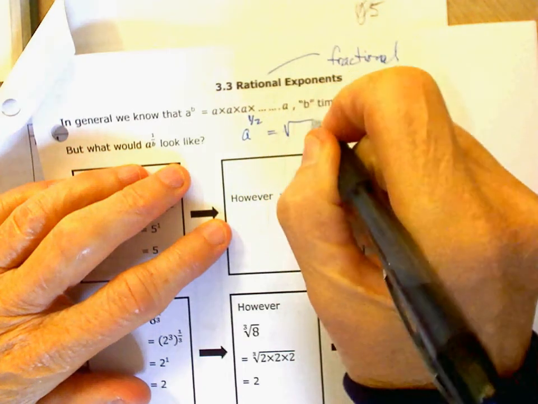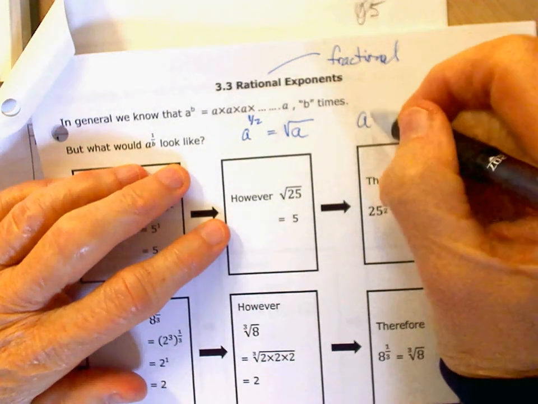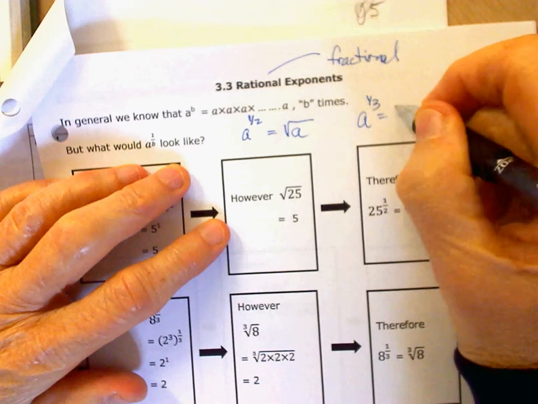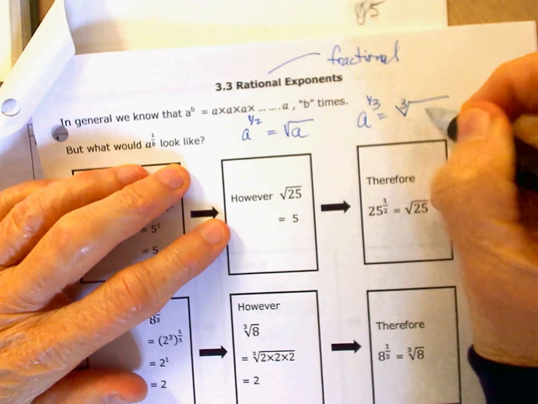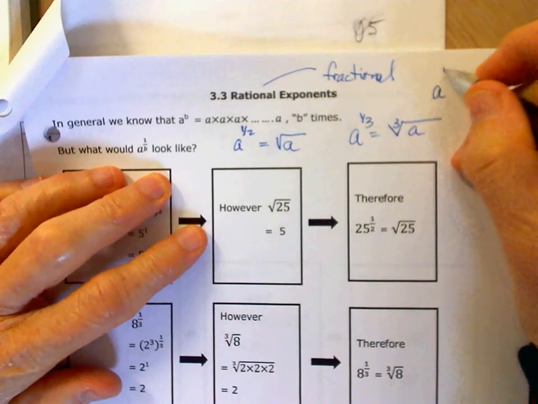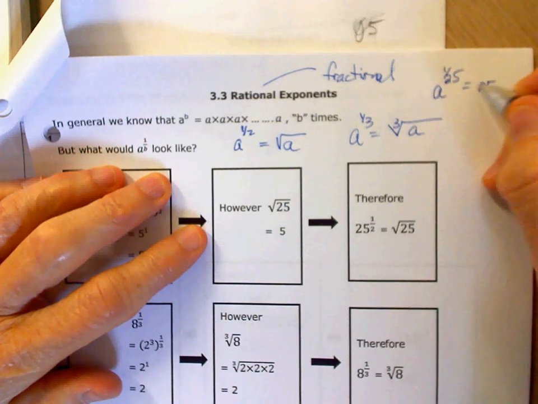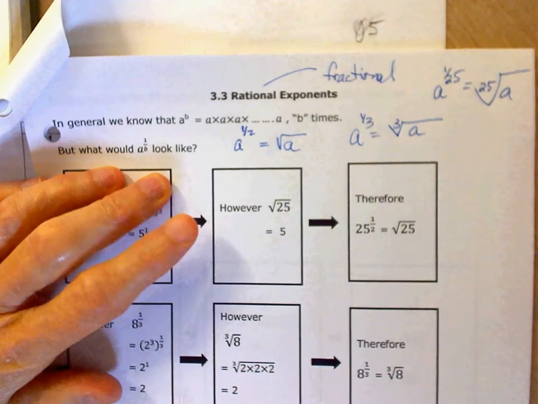That's just the square root of a. And a to the 1/3 is simply the cube root of a. So no matter what you have, a to the 1 over 25 would be the 25th root of a. Okay?